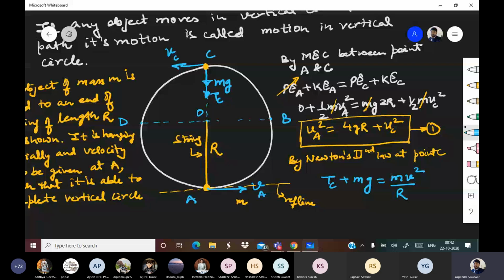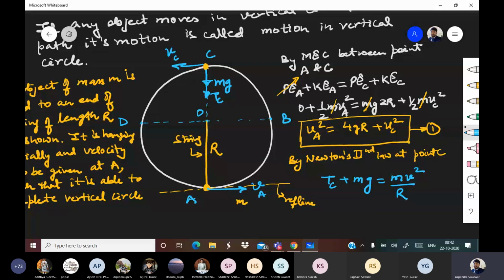Why? Because motion is circular. Circular motion cannot be possible without centripetal force. So who is providing the necessary centripetal force? Tc and mg. All right. Yes, sir.